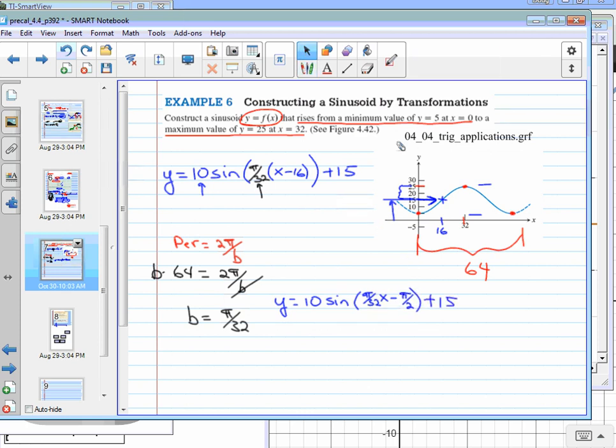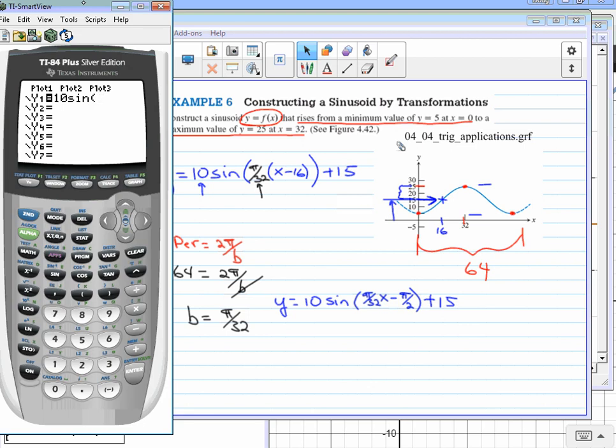Plus 15. There we go. All right. 10 sine parentheses pi divided by 32 x minus pi divided by 2, close parentheses. Add 15. Now we really need to play with our window after you get this thing all entered in.